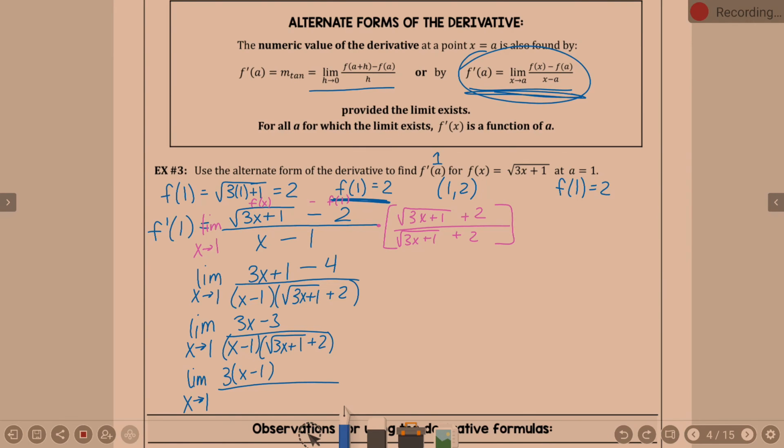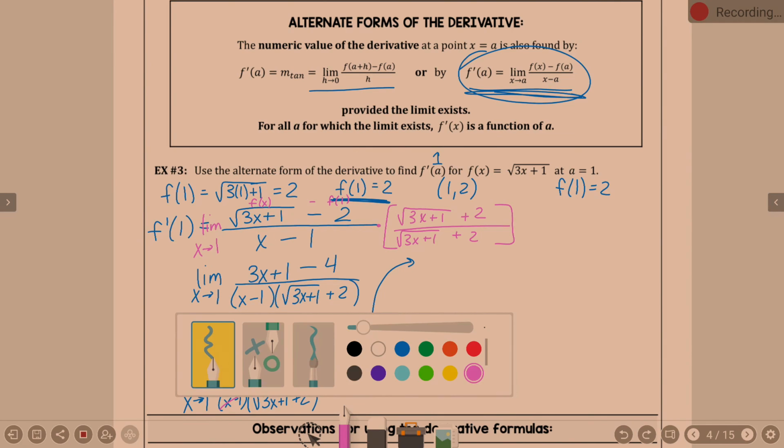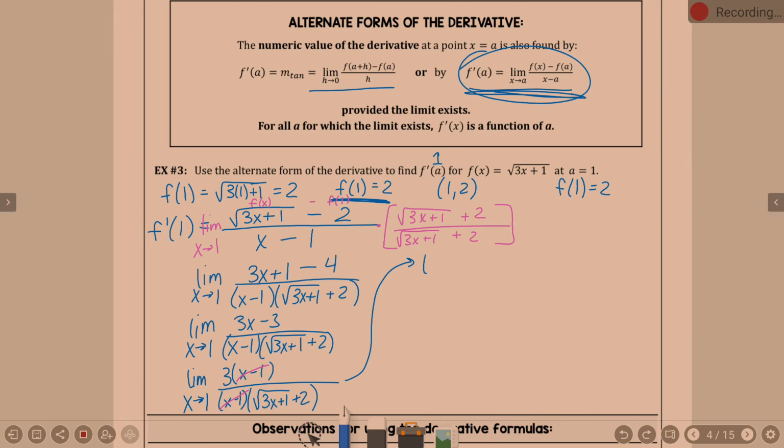Coincidence? I think not. The denominator is x minus 1 times the square root of 3x plus 1 plus 2. So those x minus 1s will cancel. We're doing the limit as x approaches 1 of 3 over the square root of 3x plus 1 plus 2.